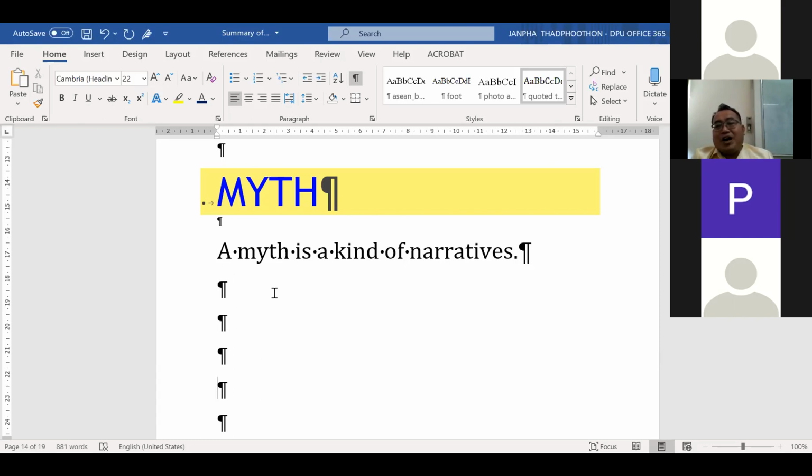So in semiotics, you need to understand this term, the word construction. Deconstruction.